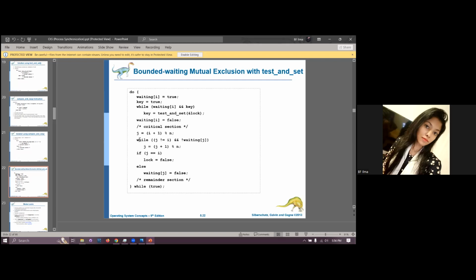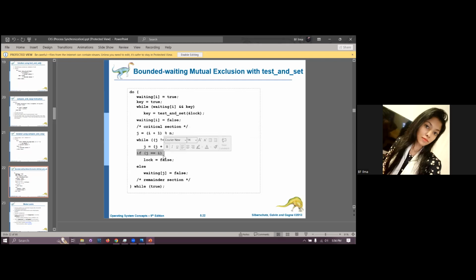Using this loop, we are traversing the array and finding what should be the next process. j not equal to i means we are trying to ensure it's not the same process which is currently executing, and not waiting[j] means we are trying to find a waiting process that is waiting to enter into its critical section. While this condition is true, we are incrementing j one by one and trying to find something.